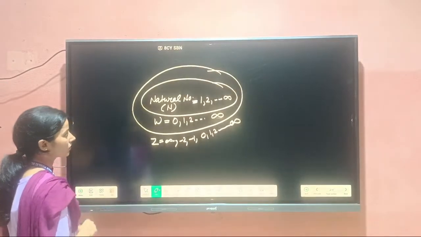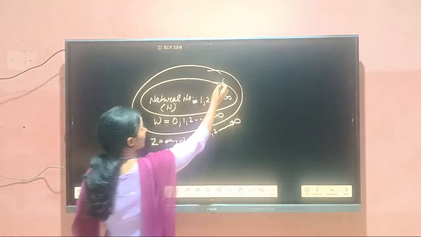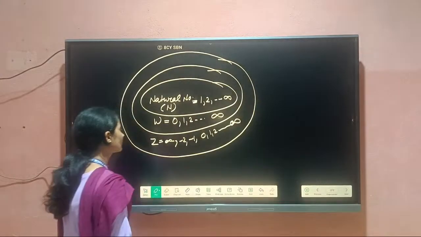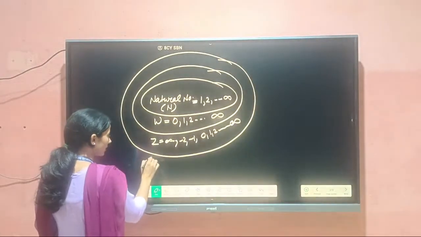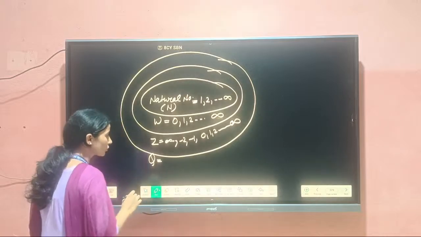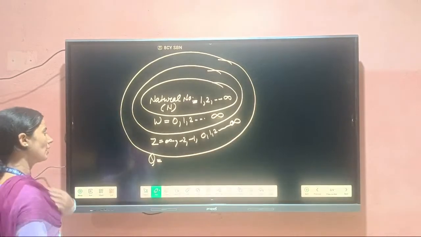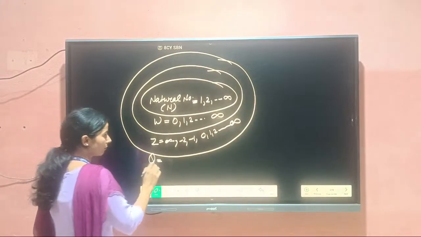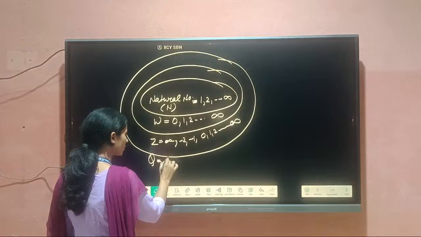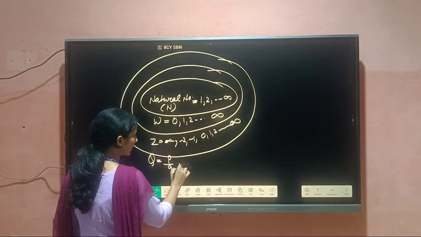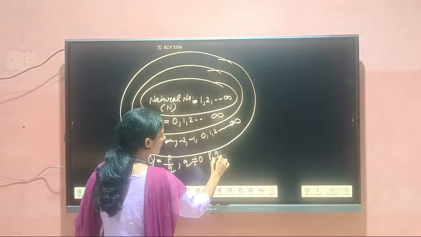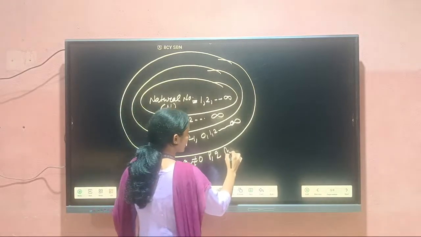These are integers. After that, rational numbers. What are rational numbers? Rational numbers are denoted by Q. The real numbers which can be written in p/q form, where p and q are integers and q is not equal to 0.